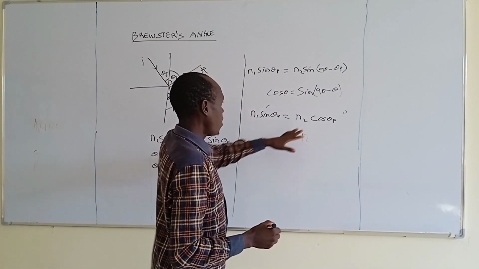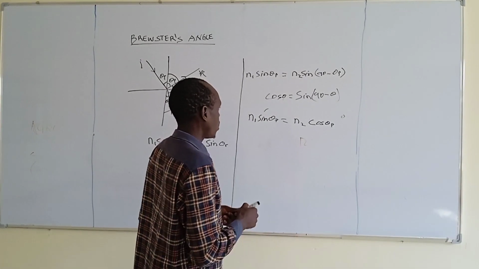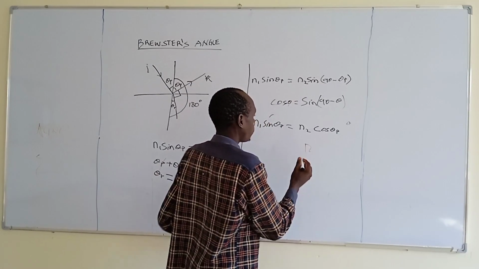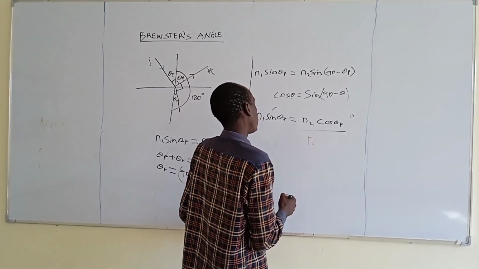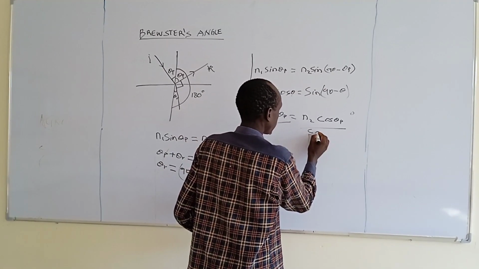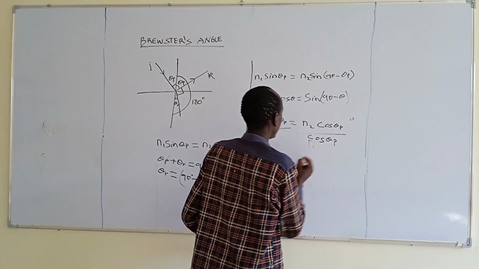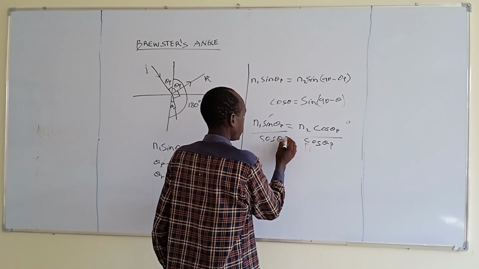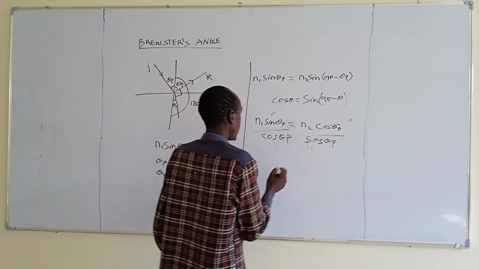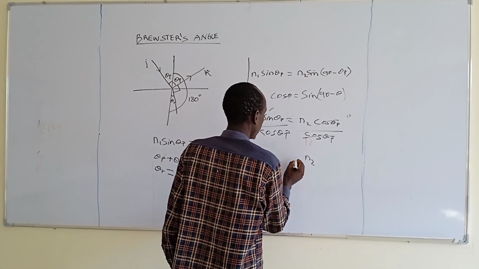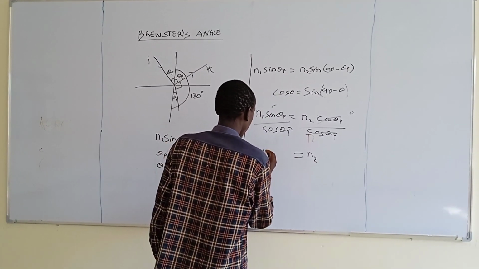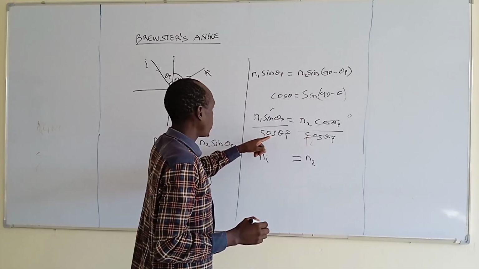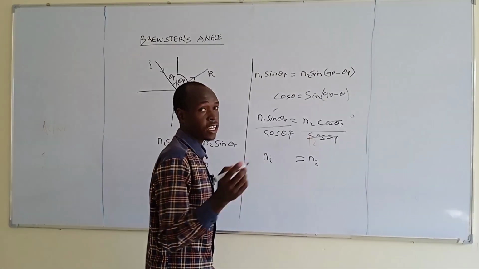After having this, we want to find n2. To make n2 the subject of our formula, we shall divide on both sides by cos theta p. So this one shall cancel out with that, so that we have n2 given as n1, and we also know that sine theta divided by cos theta is given as tan theta.